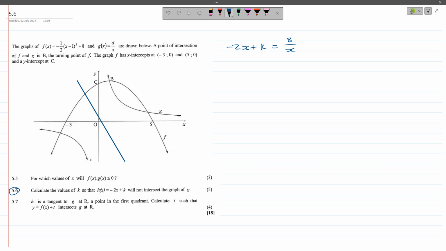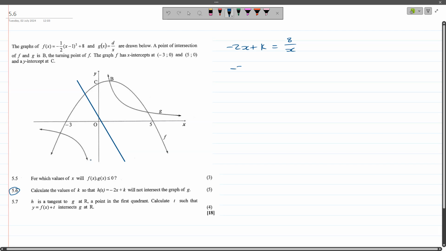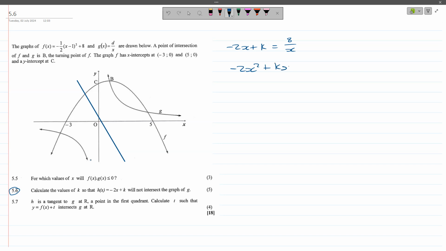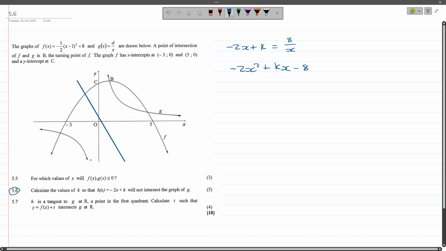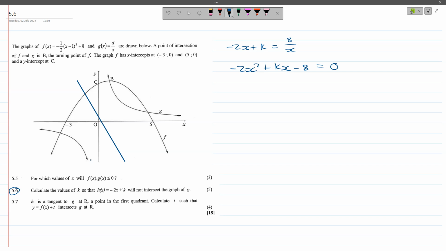If we multiply through by x, we get minus 2x squared plus kx minus 8 is equal to 0. And then instead of solving it the normal way, we can solve it by using the discriminant.